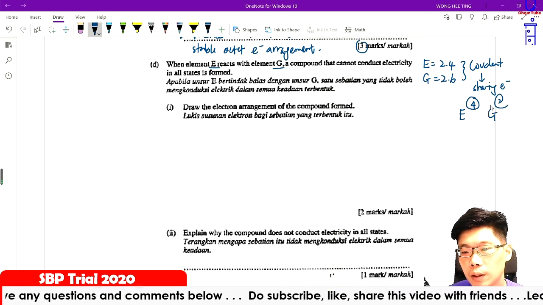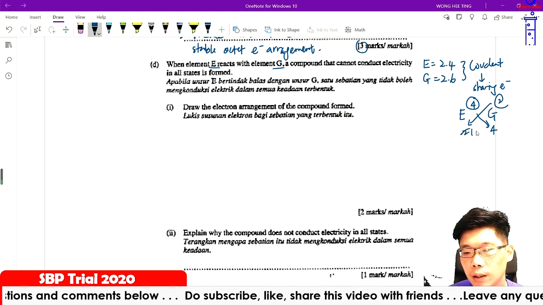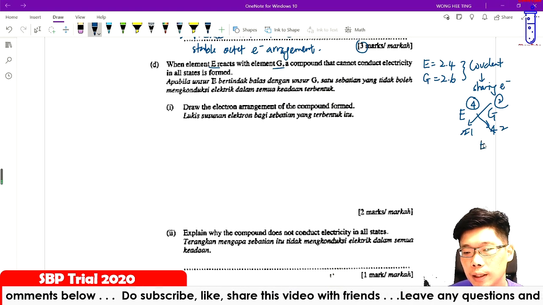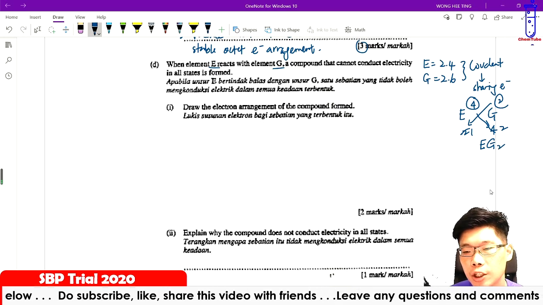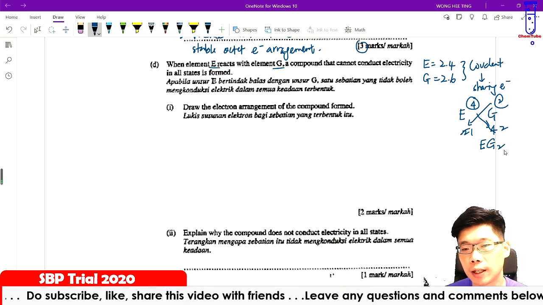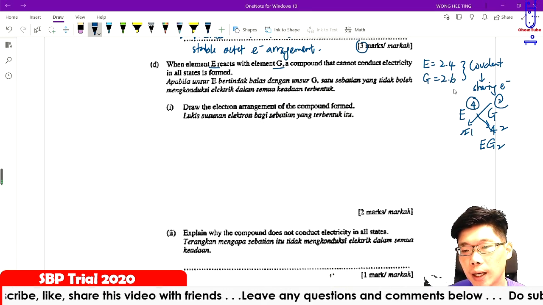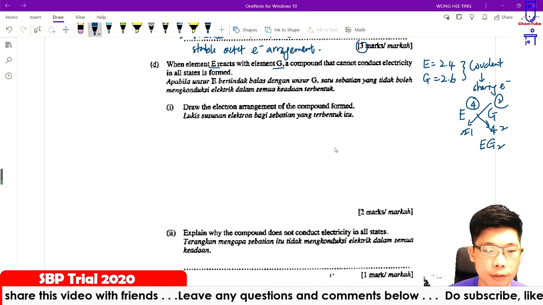So we can interchange 2, 4. So 1, this is 2. Meaning that we need 1 atom of E and 2 atoms of G by sharing 2 pairs of electrons. Here we need to use the double bond.